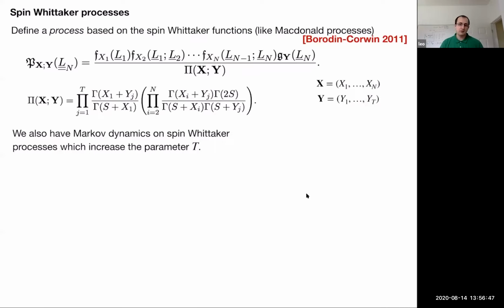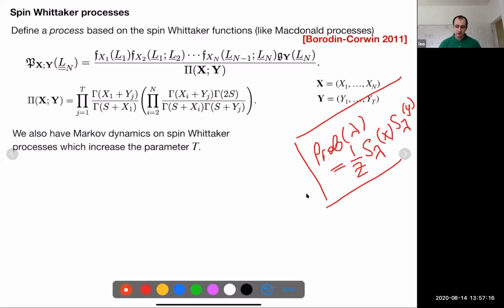Here, spin-Whittaker functions can also be made positive by certain choices of parameters, and we can then define spin-Whittaker measures and spin-Whittaker processes. This formula is basically the same as in the case of Schur processes or Macdonald processes, where instead of taking just a measure on a single lambda, you take a suitably coupled distribution of several lambdas.